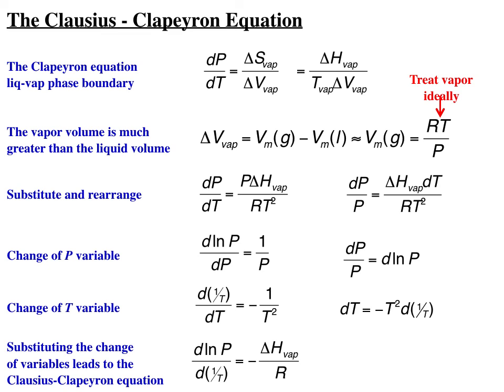We can recognize, at least for this phase boundary in particular, that this would also work for sublimation, delta V of vaporization is equal to Vm gas minus Vm liquid, and of course that's got to be true. And since the gas occupies so much more space than the liquid, I can approximate that as Vm of the gas. And if the gas is ideal, Vm is RT over P.